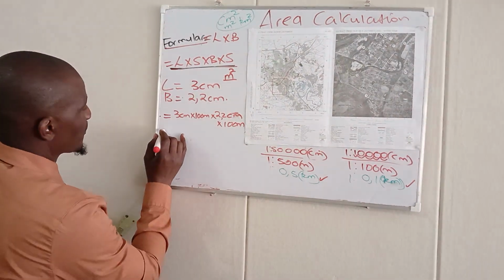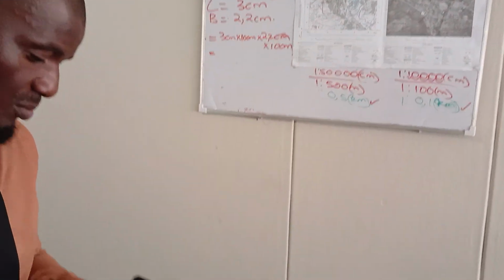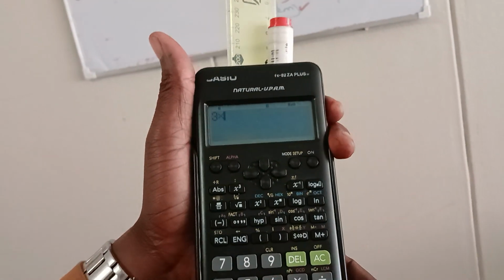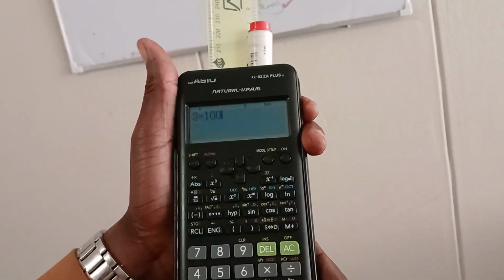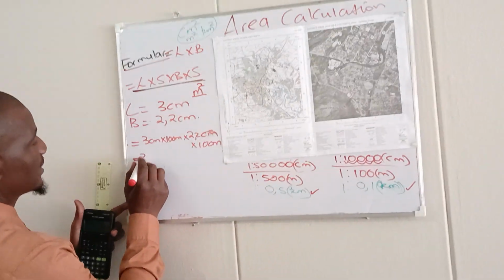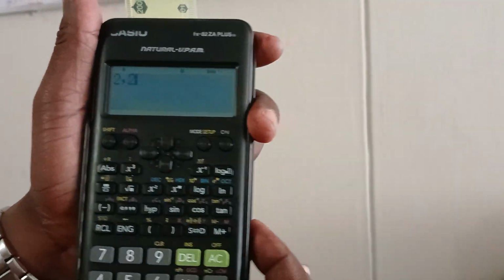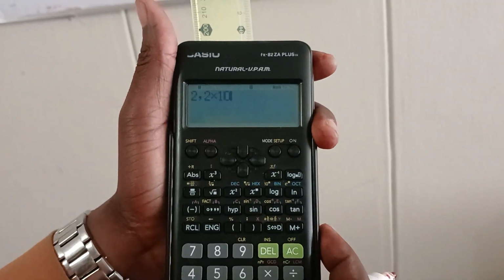So here now, if I say 3 centimeters by 100, I'm going to calculate so that you know how to do it. 3 multiplied by 100. What do I get? Here I've got 300 meters. Multiplied by, I'm going to do the same thing, 2.2 multiplied by 100.